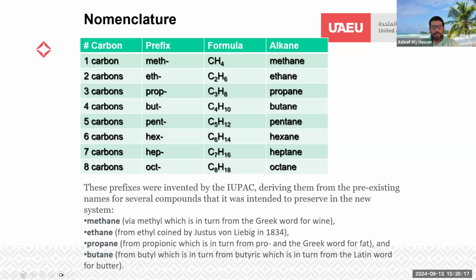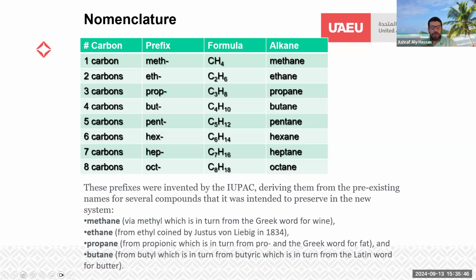So the meth, for example, comes from methyl, which is in turn from the Greek word for wine because it smells like the smell of wine. Ethane from ethyl, and a German chemist put that name in 1834. Propane comes from propionic, which is in turn from pro and the Greek word for fat, so the smell of when you're burning fat.